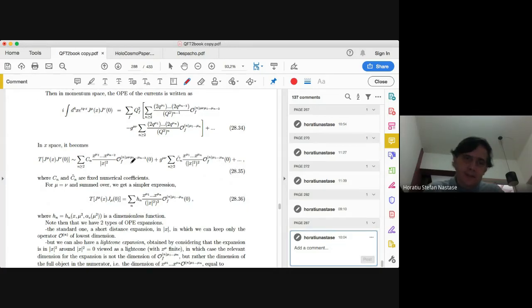And in x space, I would write the product of these two things as the operator itself, but then the operator would have dimension n+2, and the corresponding object with indices. So I have to multiply with x mu1 up to x mu-n-2, and divide by some power of x such that dimensions work out.